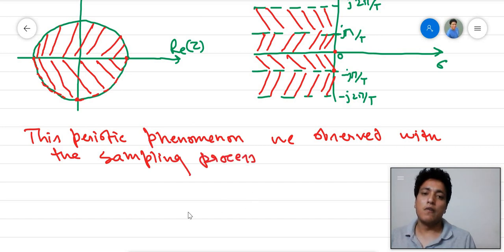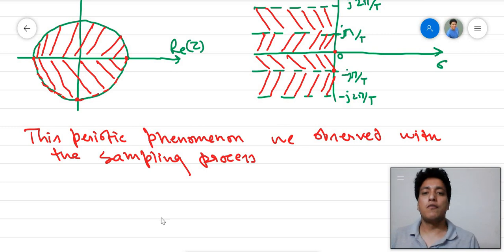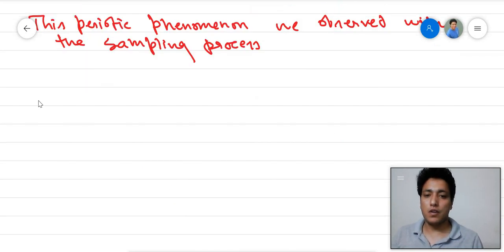That means whenever we digitize this frequency, it follows a periodic phenomenon, and that's the same kind of phenomenon we used in DFT previously. From these points, we can have some observations.